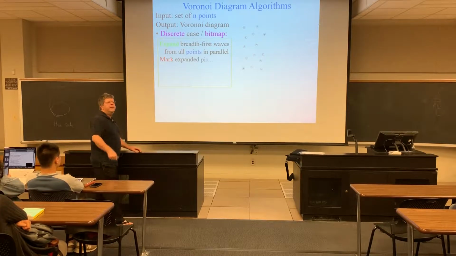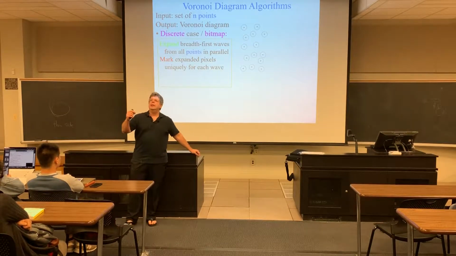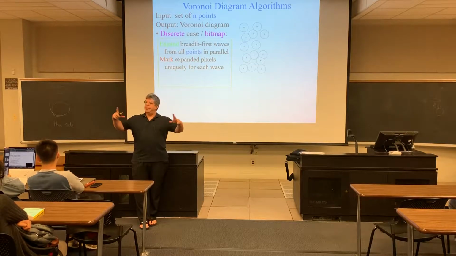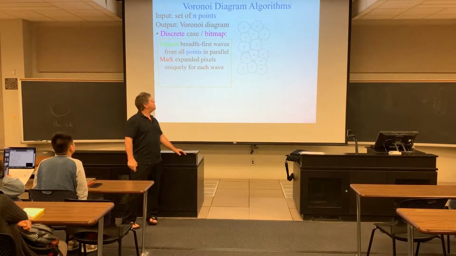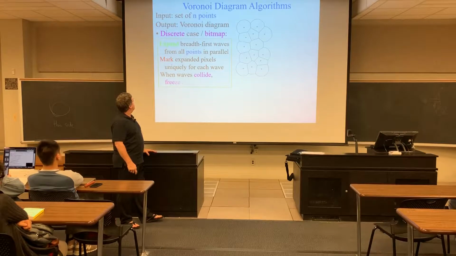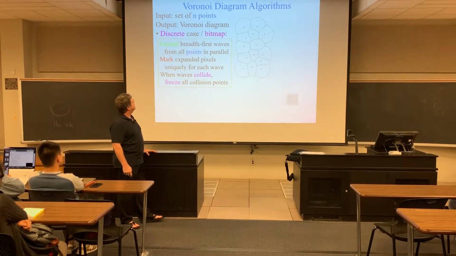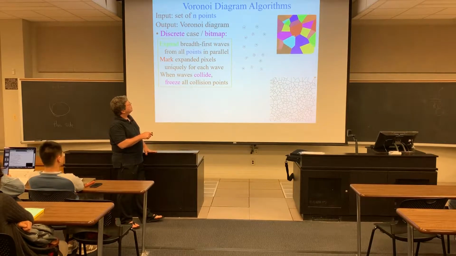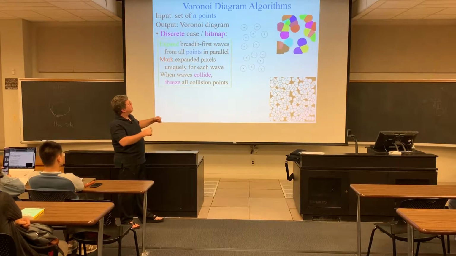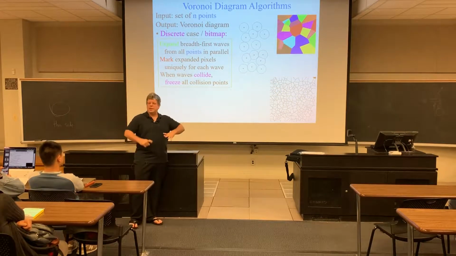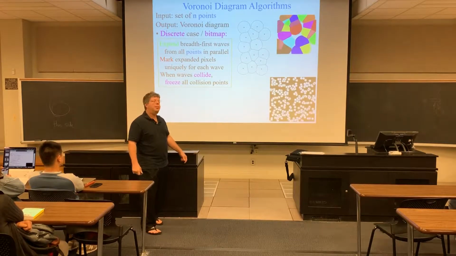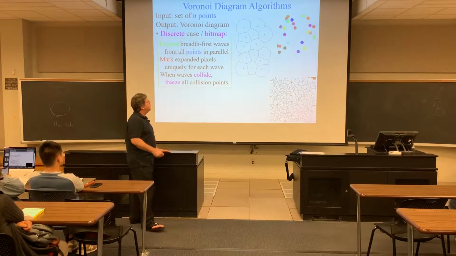You keep marking the bits with the indices of the points where the wavefront started. It's possibly easier to see this in a color-coded way. All the points reached by an expanding wave are marked with the color of the point where the wave started expanding from, and you get the Voronoi diagram pretty quickly.